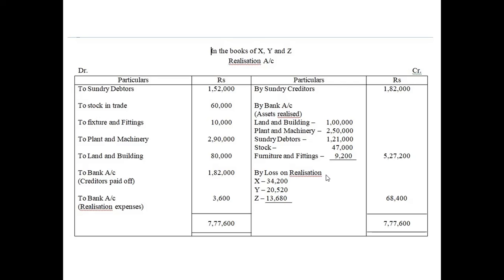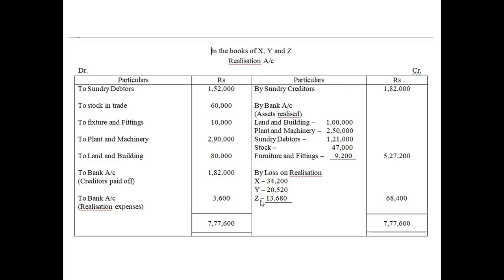Similarly, we can write by loss on realization or partner's capital account. Now this loss of 68,400 will be shared between X, Y, and Z as per their profit sharing ratio, which is mentioned in the question, and that is your 5:3:2.